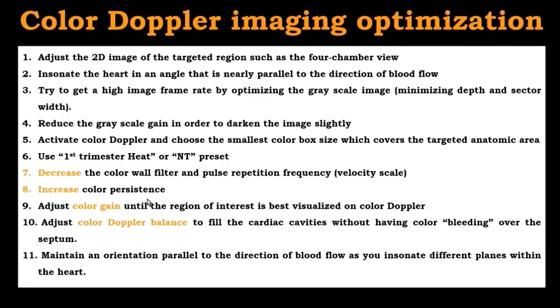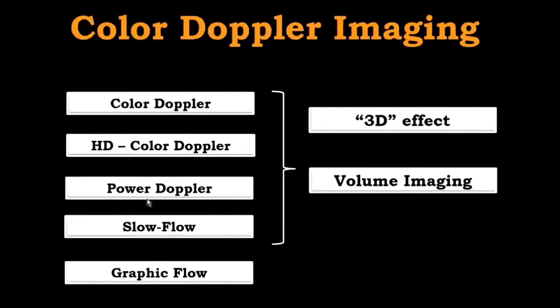It's important to utilize the appropriate preset, for example, the first trimester preset that is widely available, and then to play with the color gain and the balance to avoid some artifacts. But also it's very important to be familiar with what type of Doppler modalities are available.